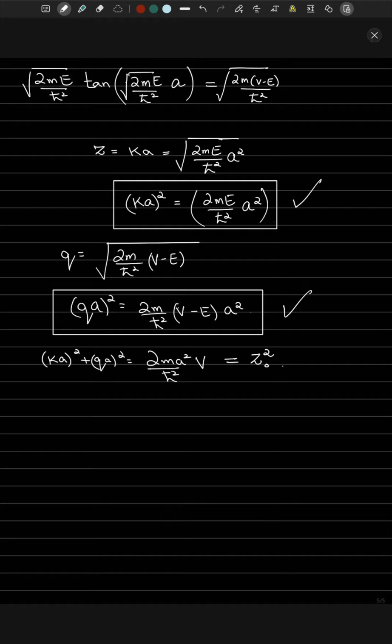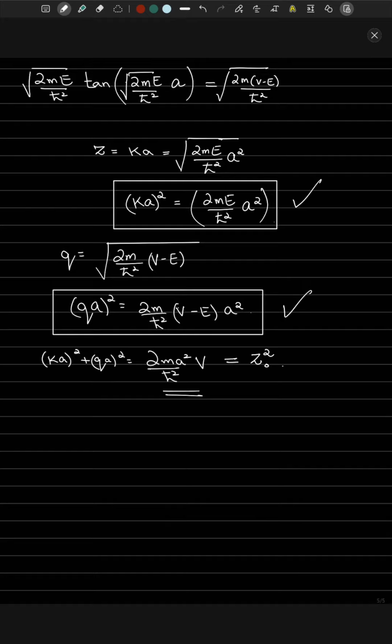And you can think of this constant z naught as characterizing the strength of the potential energy of our square well, right? If you look at this expression for z naught, right?